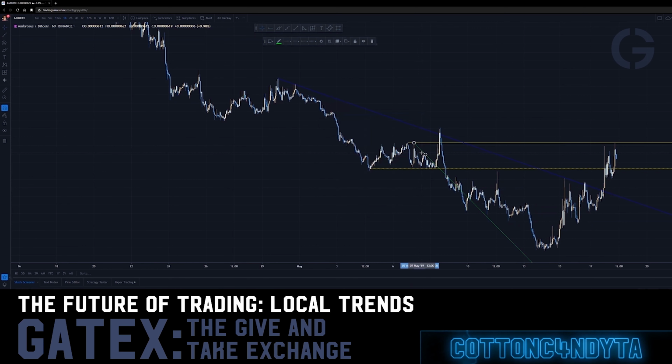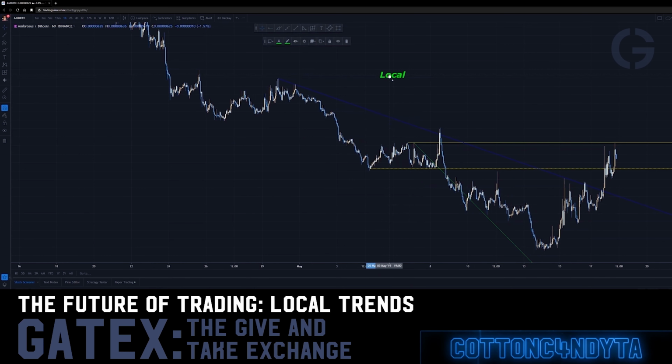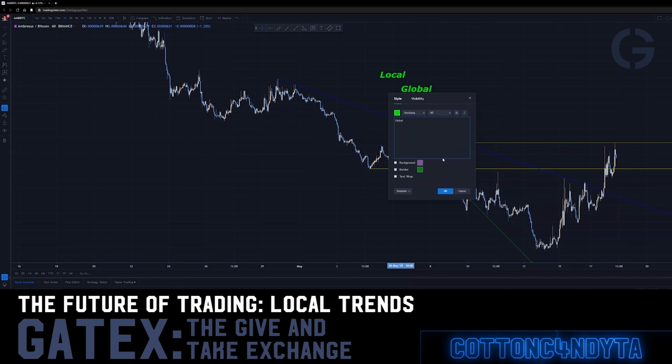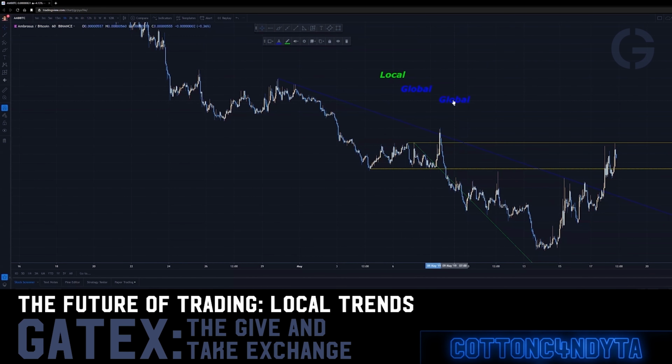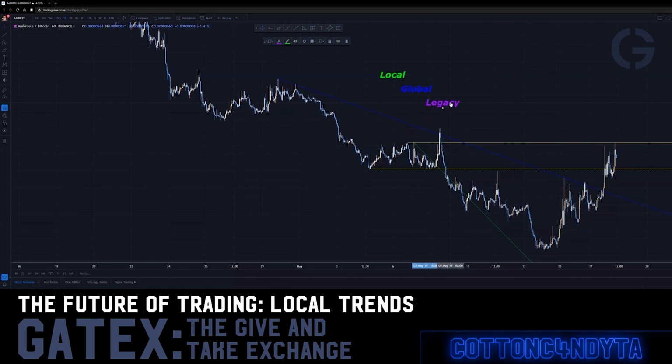Green is going to be local. So we're going to do local like this, and this is going to be green. And this is going to be global, and this is going to be blue. And this is going to be legacy, which we will color purple. So these are the kind of trends we're going to be talking about today: local, global, and legacy trends.